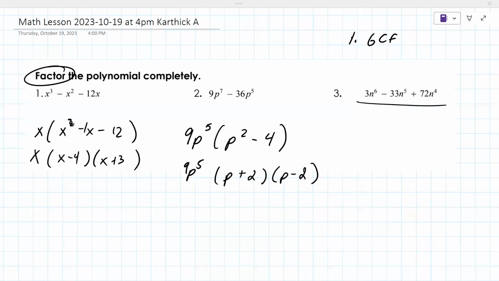Actually, wouldn't it be 3 n to the 4th? So that's n squared minus 11 n plus 24. Then you have to factor that as well.